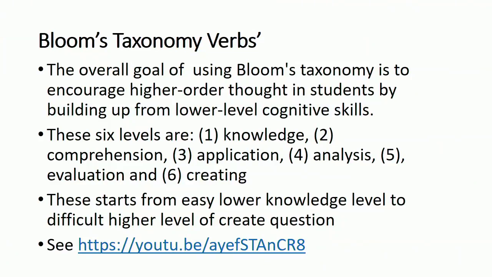These 6 levels are firstly the knowledge level, then comprehension level. Knowledge level is just you know something, it's facts that you have. Comprehension level is you are giving a bit of thought to it, you are understanding it. Application is now that you understand this thing, can you apply it?